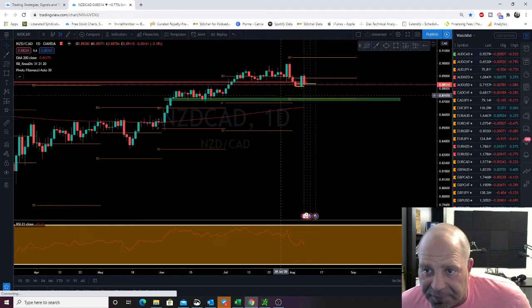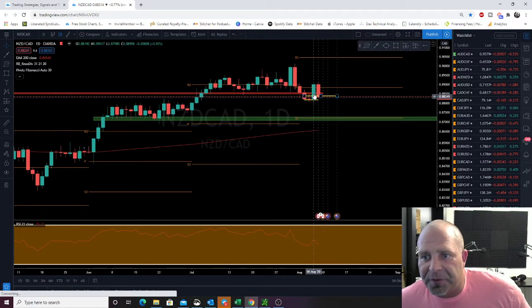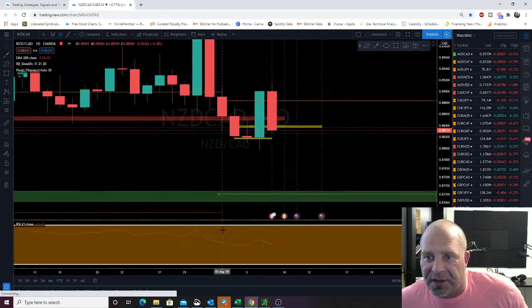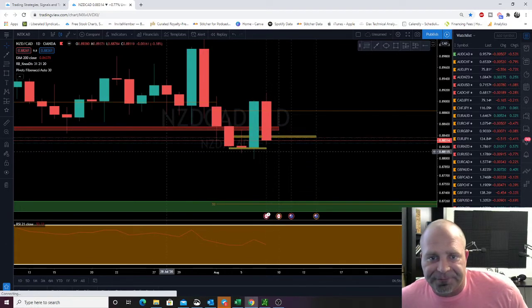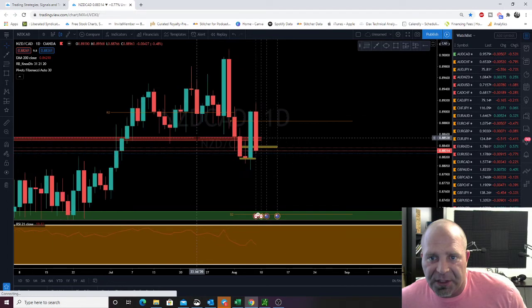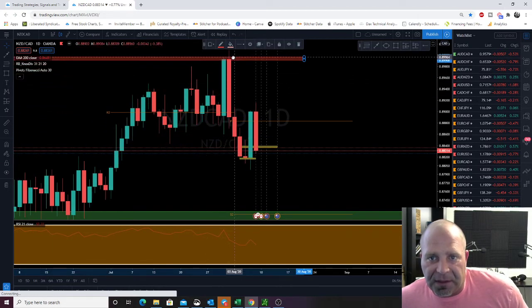All right, NZD CAD. Looks like we had a pretty failed breakout trade there. We should be long, and then we broke back down to retest this inflection zone. So we're kind of in no man's land now, right? I think our bearish should probably be up here.